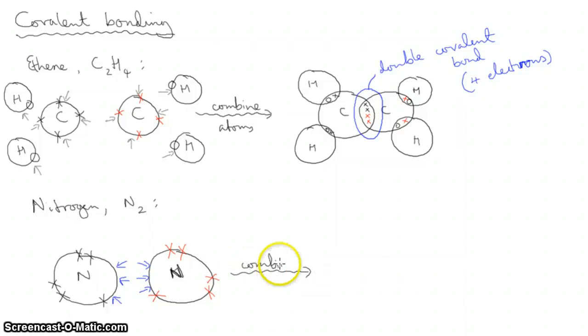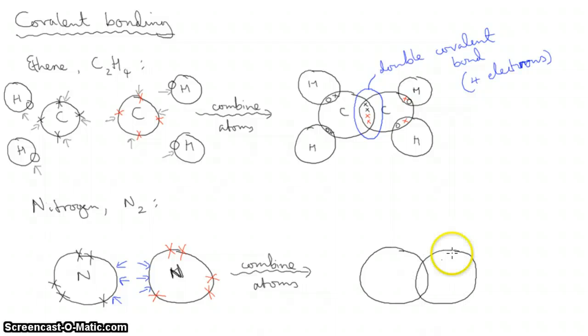So to combine them, okay, well, let's join up next to each other. But each nitrogen has to share 3 of its own electrons with its neighbour.